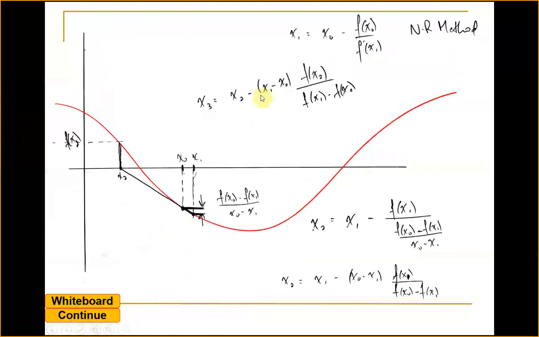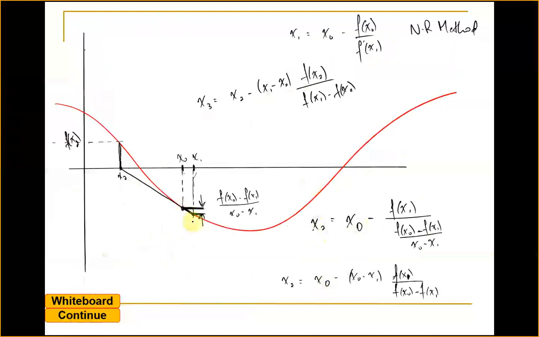So I could have had it this way instead. So I could have said x2 is equal to x naught, and then I do the same rise over run. It doesn't matter. Both of them would give me the same answer.